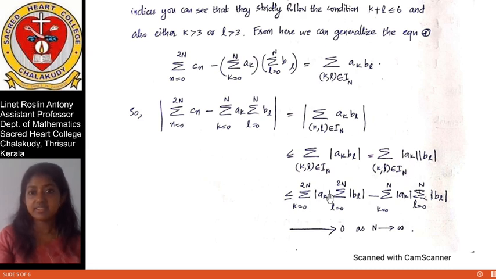And that is definitely less than or equal to the summation k equal to 0 to 2n of modulus of a_k into the summation l equal to 0 to 2n of modulus of b_l. That is clearly seen from the table. You can analyze it from the table, minus the summation k equal to 0 to n of modulus of a_k into the summation n equal to 0 to n of modulus of b_n. And as n tends to infinity, the term here will tend to 0.